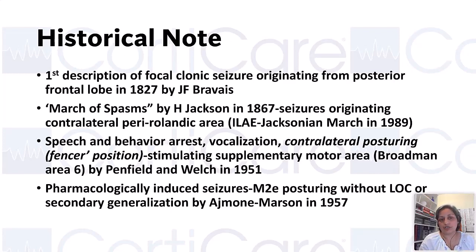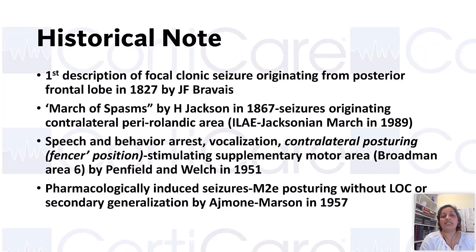So far as the seizures go, in 1827 came the very first description of a focal clonic seizure, and Bravais figured that this was originating from the posterior frontal lobe. Now, we have all heard of and described the Jacksonian march, right?